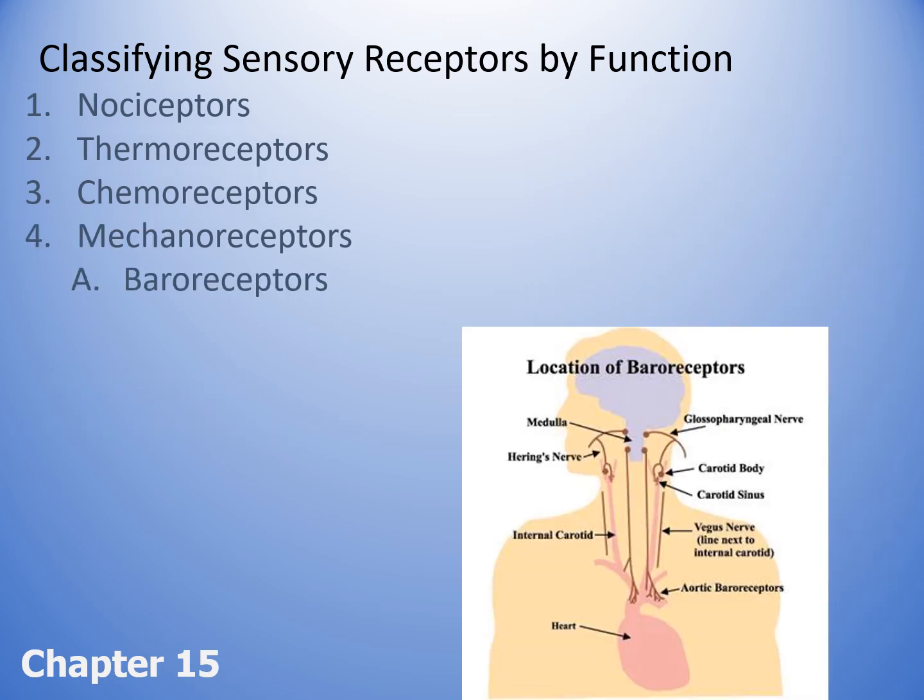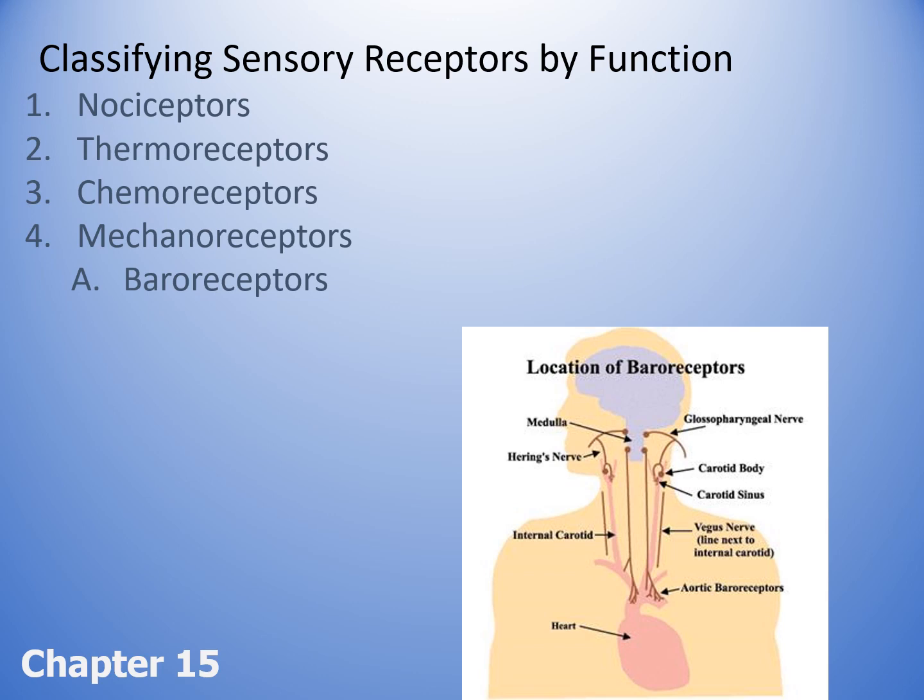The next group of receptors has a couple subgroups. So in general, there's a group called mechanoreceptors, and they can sense things like stretch, compression, pressure. So let's think about baroreceptors. Baro, like barometer, means pressure. And the first thing you think of, of course, is your blood pressure. Yes.